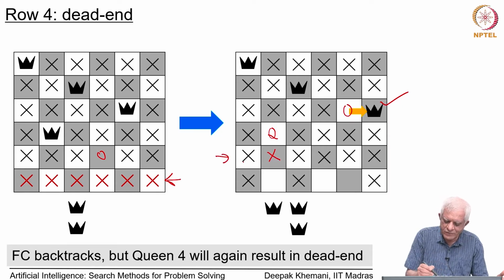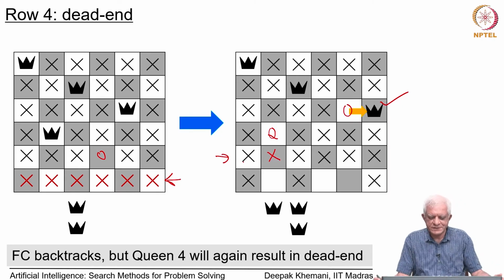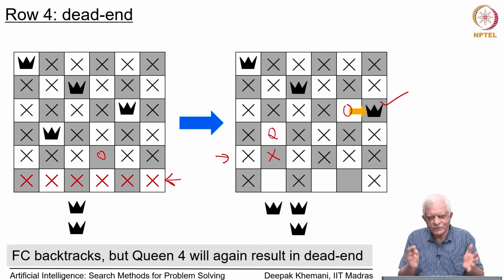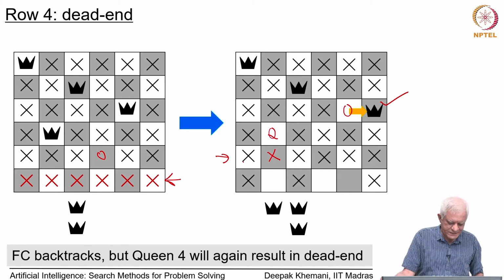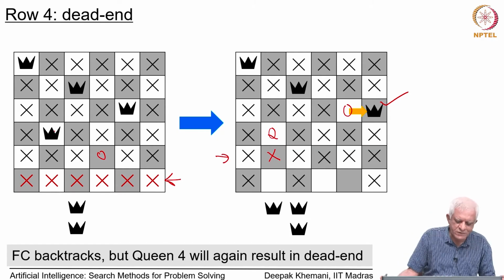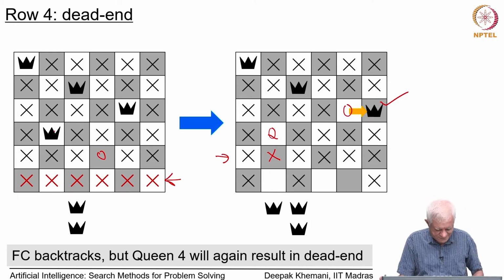So, this row would not have a position. Anyway, that is the idea of forward checking. You look ahead, prune future domains, and if any future domain becomes empty at any point, you backtrack from that place itself essentially. So, like we did here, we backtrack after placing the 4th queen, we realize we can't place the 5th queen. So, we backtrack to the 3rd one essentially.